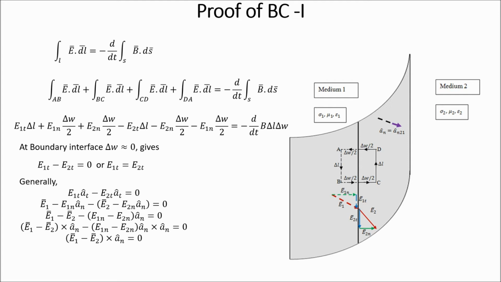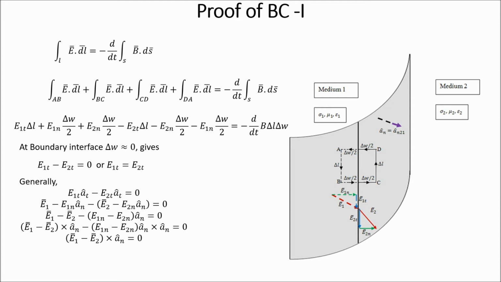For AB the electric field is E1T, because E1T is in the same direction as AB. AB is parallel to the boundary, so we take the parallel component of the electric field, E1T, times the length delta L.